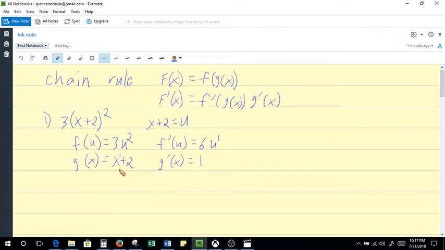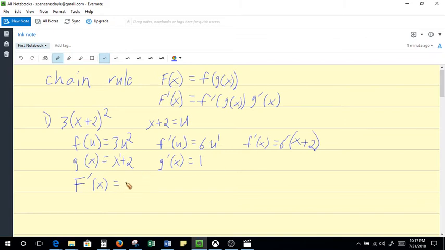So what we have here, if we're going to plug it all into the chain rule now, is f prime of x is equal to, let's actually define this, so then f prime of x, if we plugged it back in, would be 6, oops, would be 6, and then remember that u was represented by x plus 2.